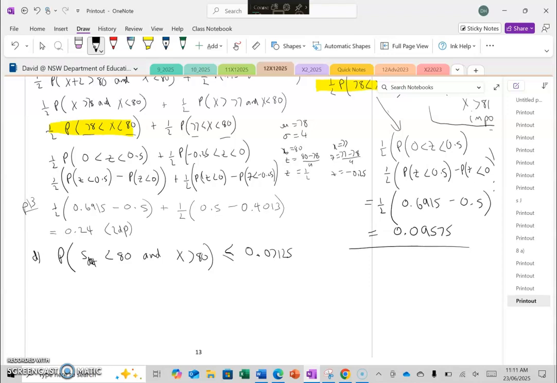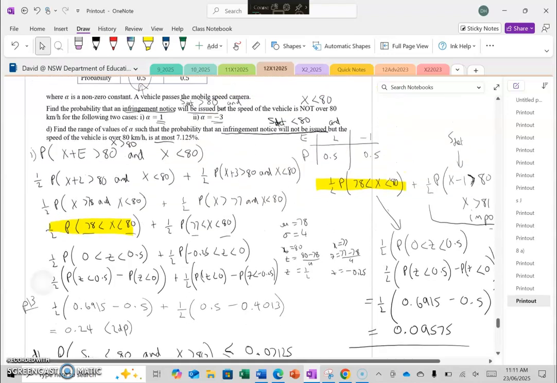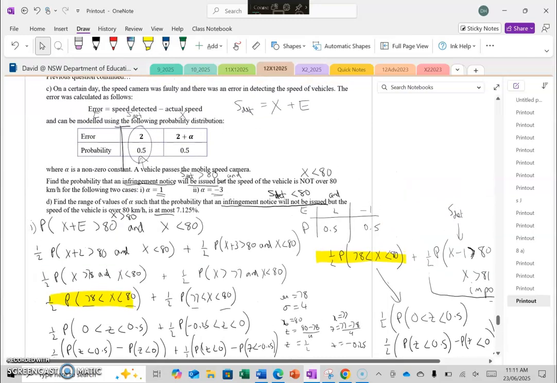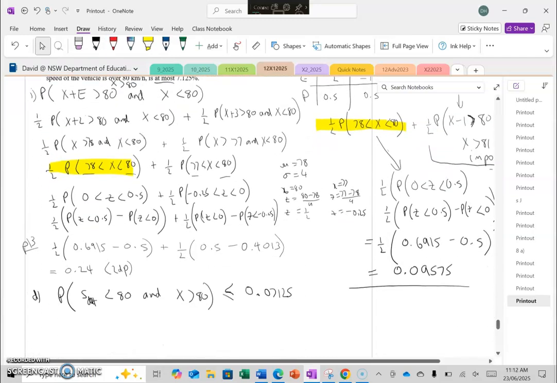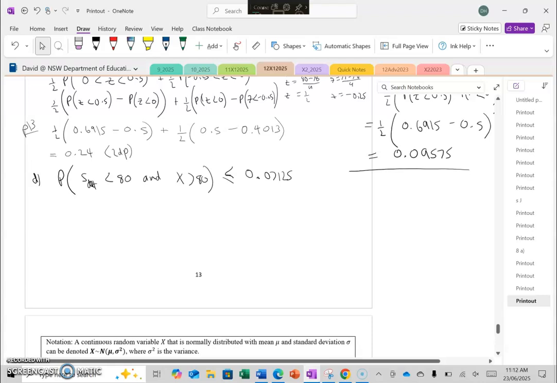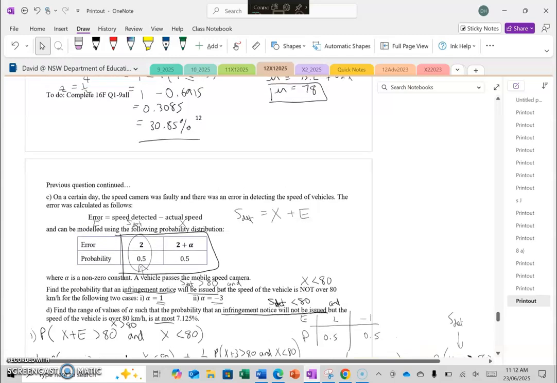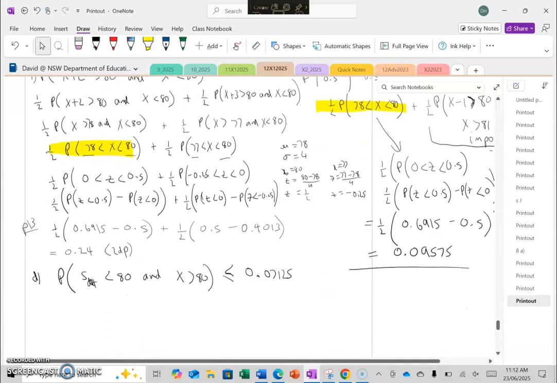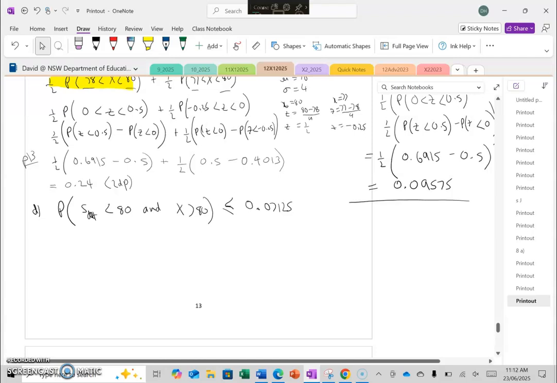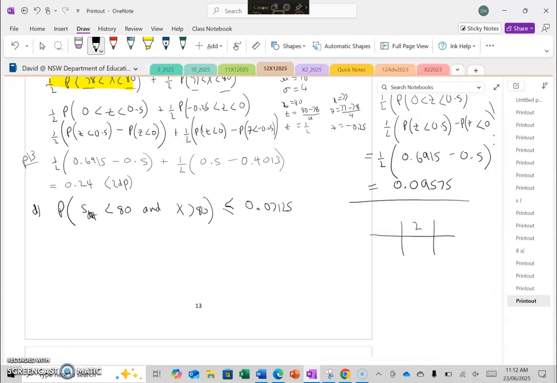Now let's work on splitting this up. So we're going to use this table here. And remember that speed detected is x plus e. I'm going to use that. So a reminder, the table looks like this. 2 and it's 0.5 for probability.